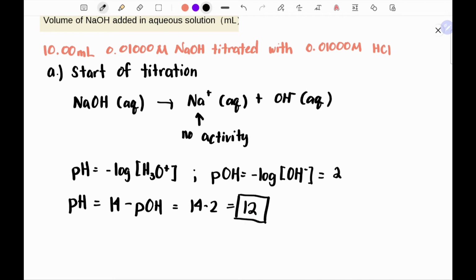Again, this is consistent with what I told you earlier. At the start of the titration, there should be nothing in the solution to contribute to the acidity or basicity aside from the base, so the pH should be above 7.